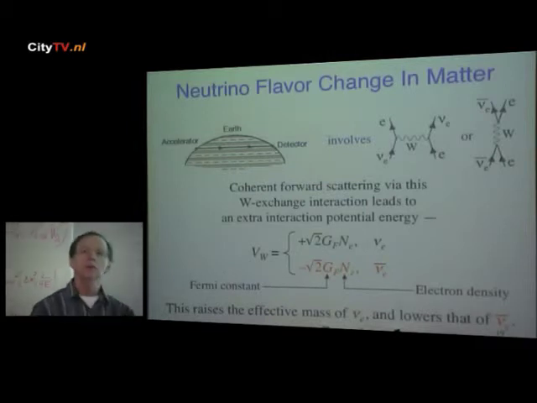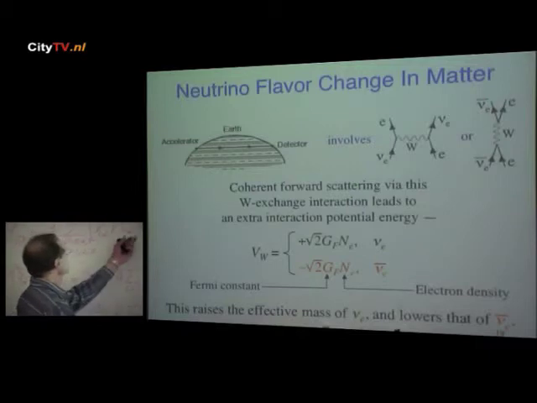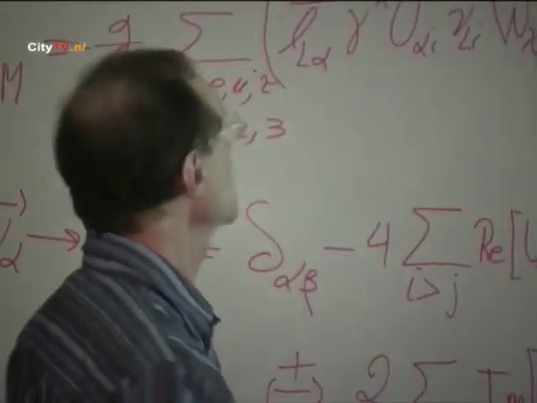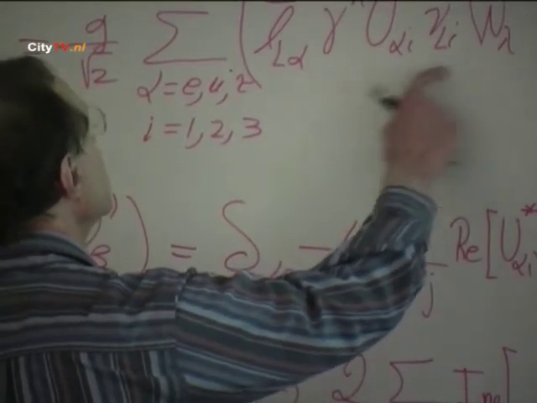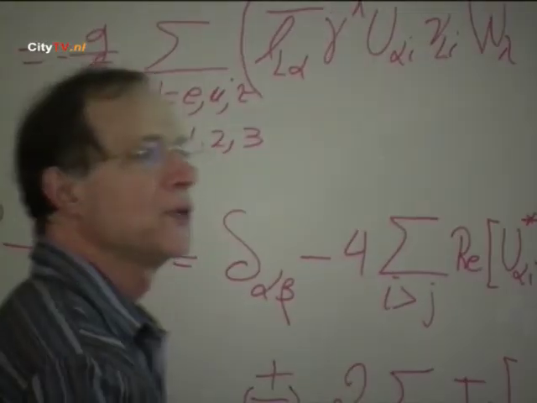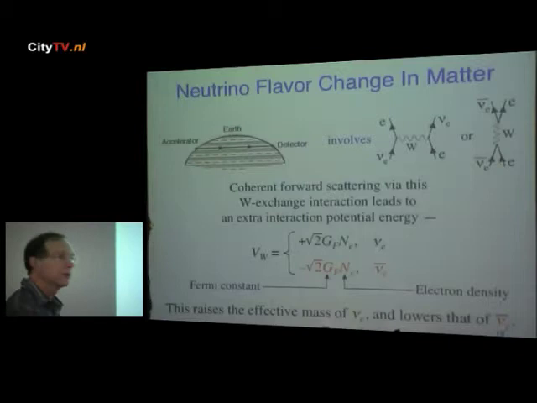It's only the nu E or nu E bar component that can do this, because according to this formula, when you write it in the form pre-mixing, it's only the electron neutrino that couples to the W and an electron. And we don't have muons and taus in the Earth, we have just electrons. So this affects just the nu E or the nu E bar component of the beam.